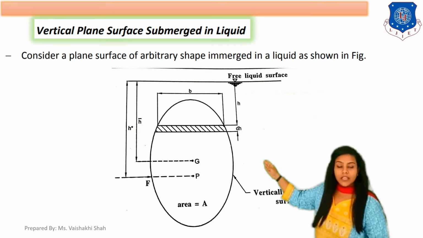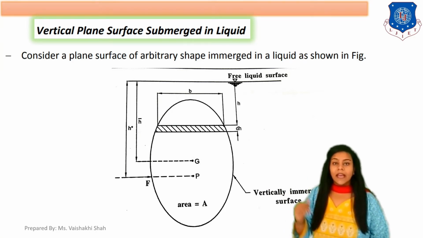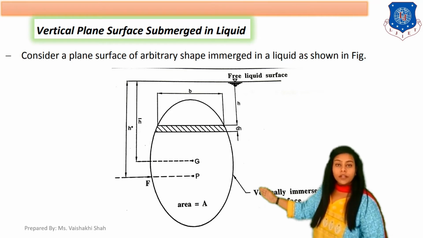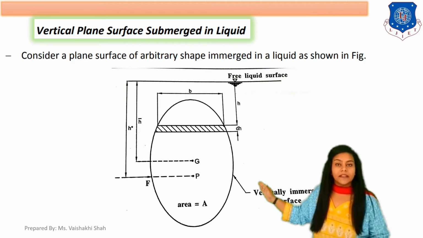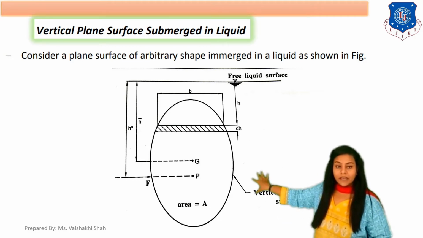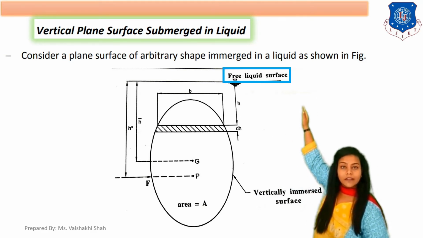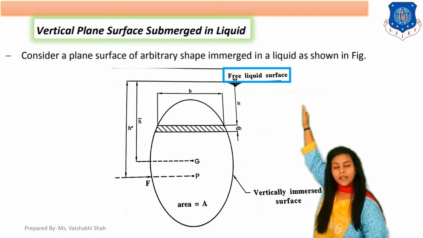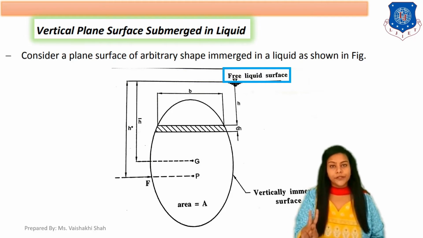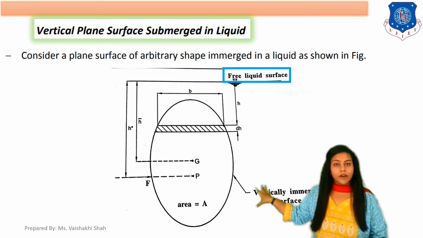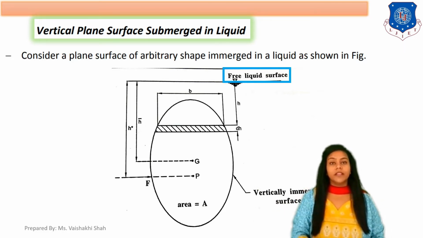From point G, total weight of the body is acting, and from point P, total pressure is acting. This is your arbitrary shaped surface, and above is your free surface of the liquid. This is your free surface of the liquid. Now there are 2 points, center of gravity and center of pressure. Remember that for the submerged body or immersed body, center of pressure is always below center of gravity.